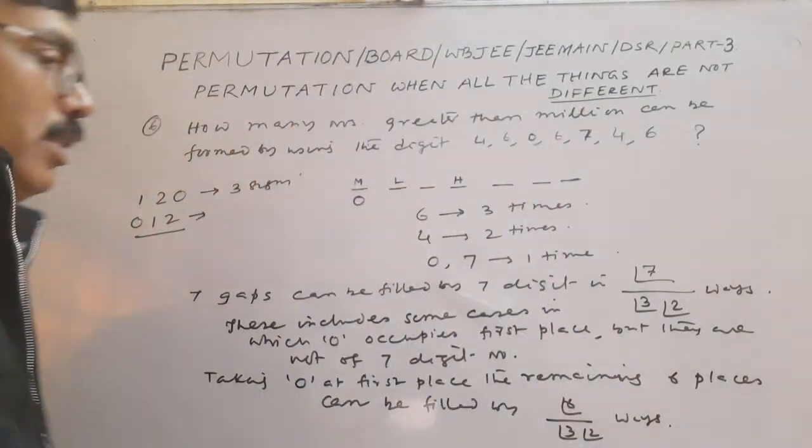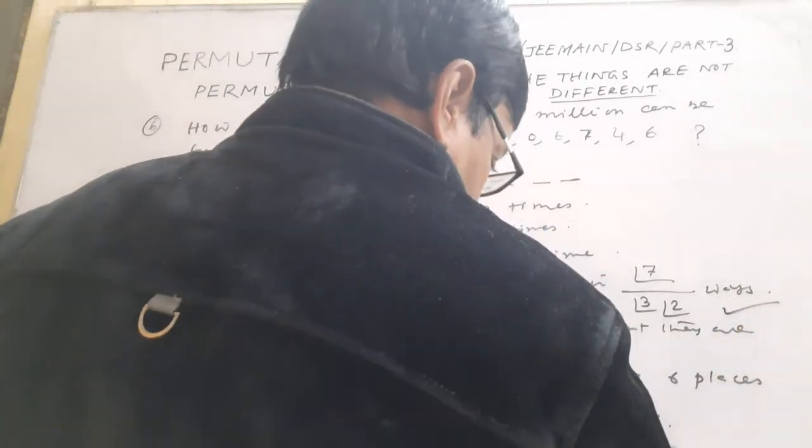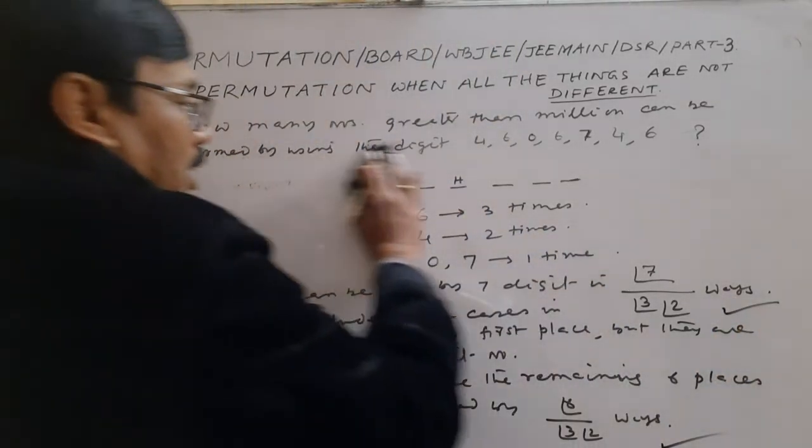So these are the total and these are with 0 at first place.